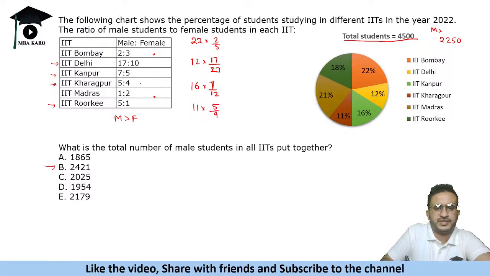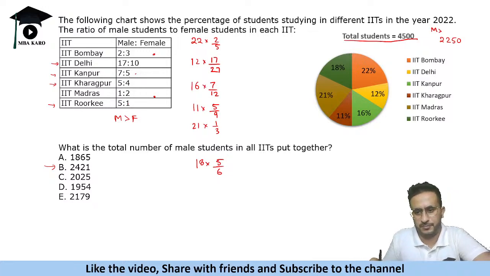Why? Because 7:5 means 7 males, 5 females, total 12 parts. Okay, then we have Madras 1:2, so 1 by 3, and Roorkee is 18%, it is 5 by 6. So first we will convert to percentage.